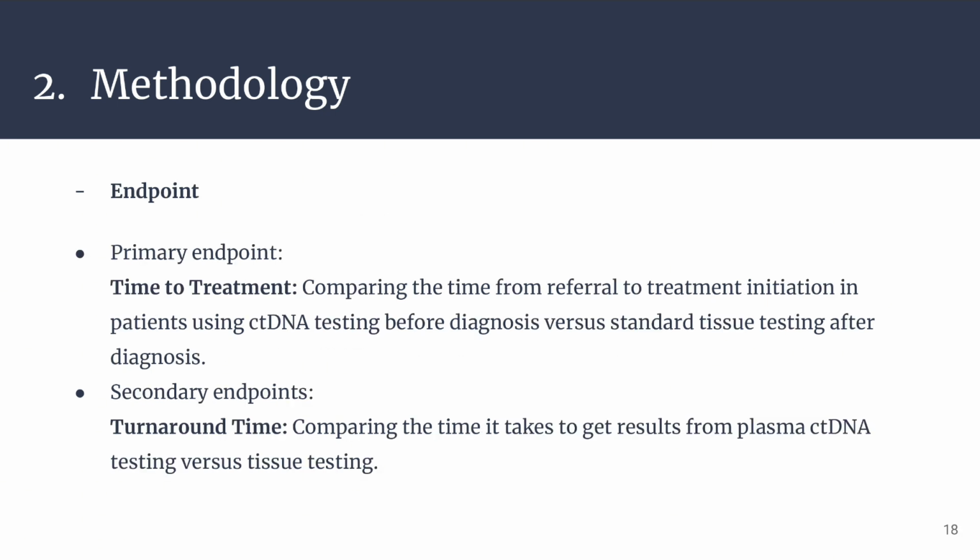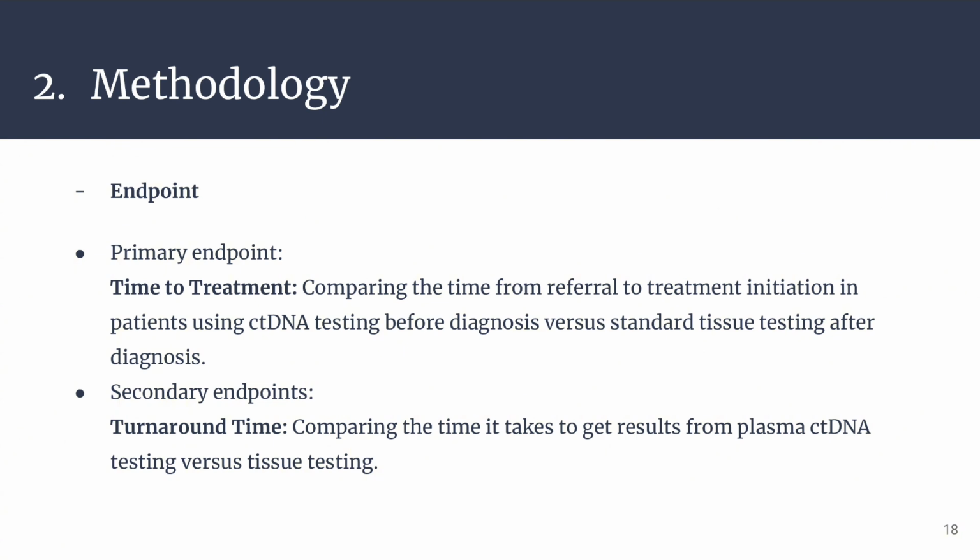The primary endpoint was the time from referral to treatment initiation among patients with advanced non-squamous non-small cell lung cancer using ctDNA testing before diagnosis, compared to a reference cohort using standard tissue genotyping after diagnosis.